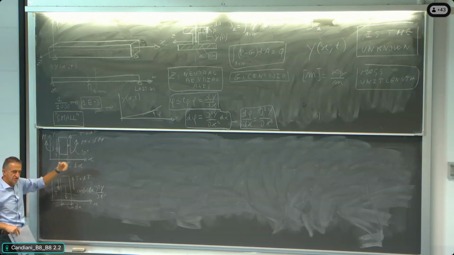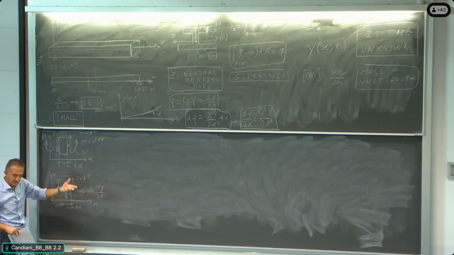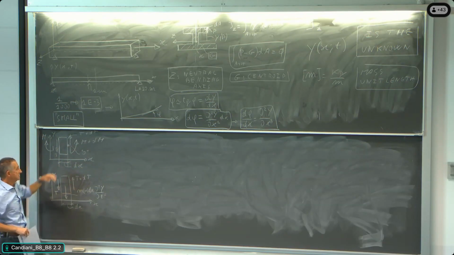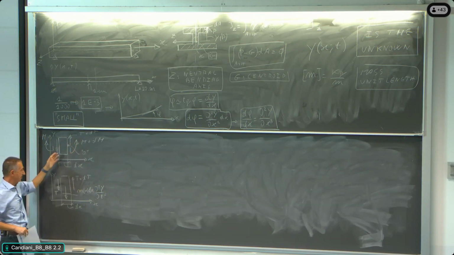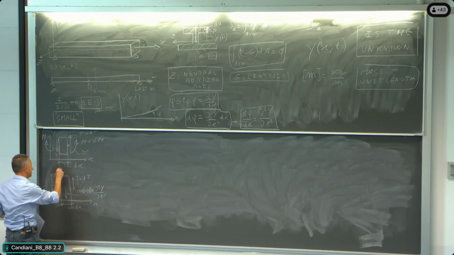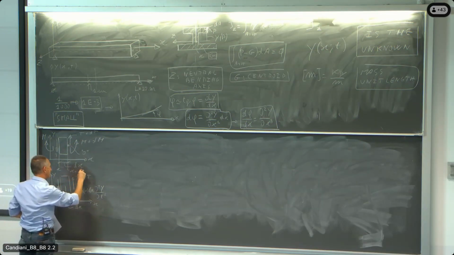The bending moment is changing along the beam, and also along time. So all those quantities are changing both in time and space, and so the shear is also changing. I am representing in the incremented section: this is the section at the location x, and this is the section at the location x plus dx.